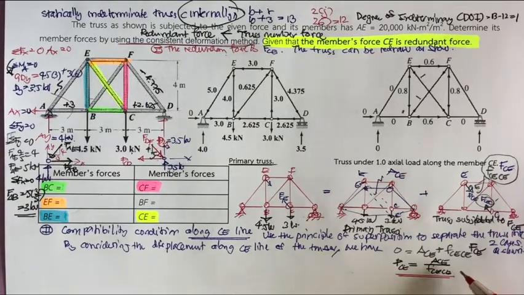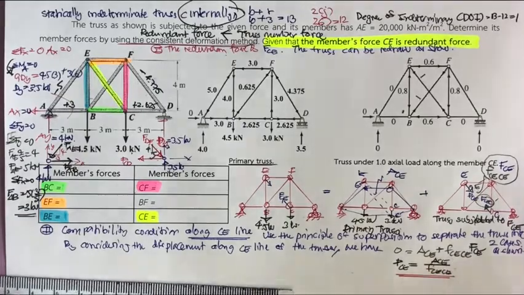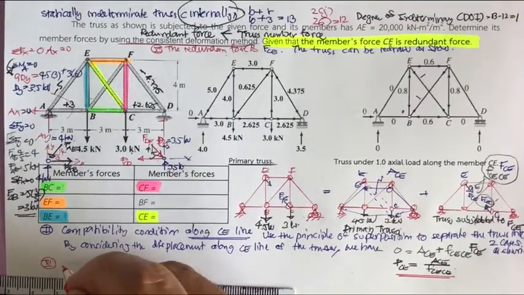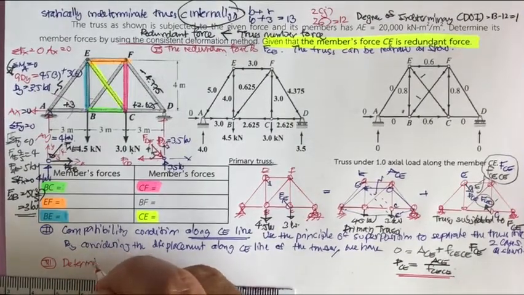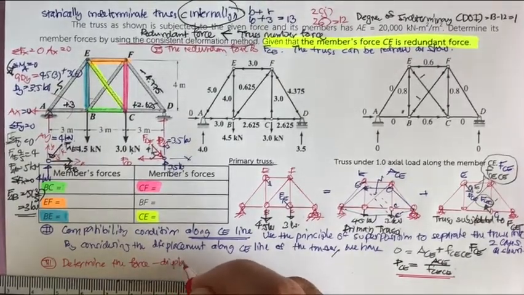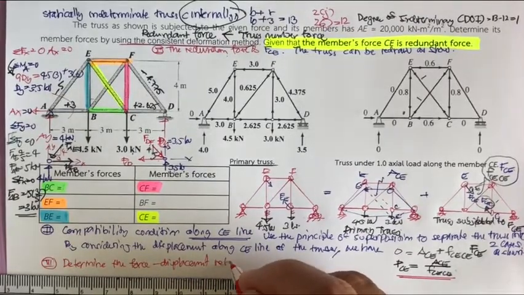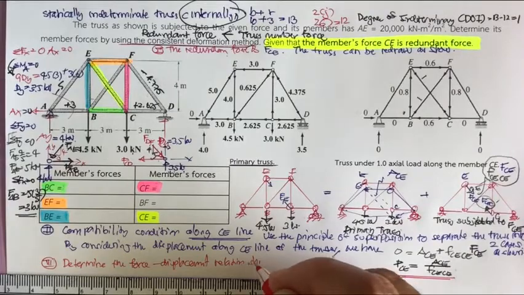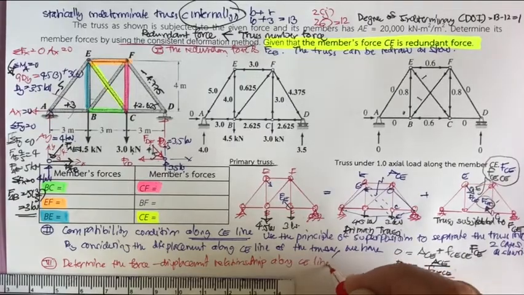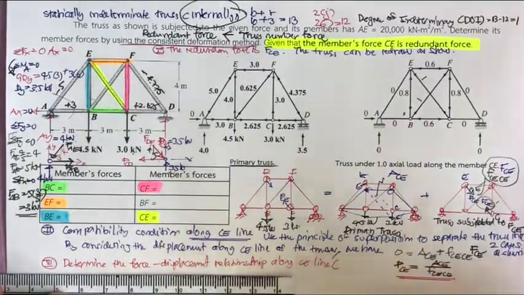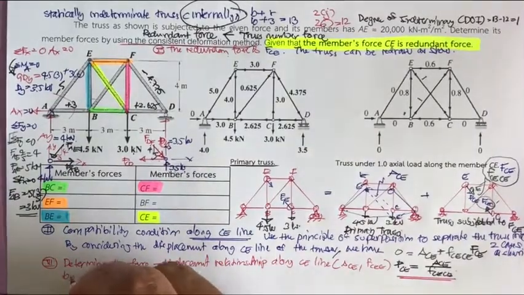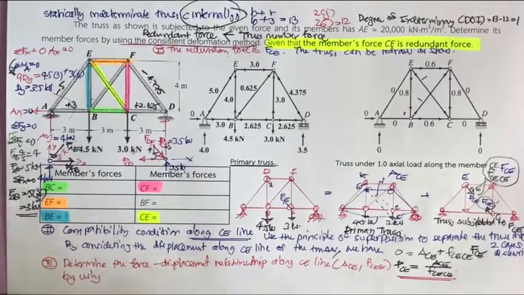And next step, we're going to determine the force displacement relationship. So third, determine the force displacement relationship along CE line, okay, which is going to be delta sub CE and F sub CE CE, and by using what?